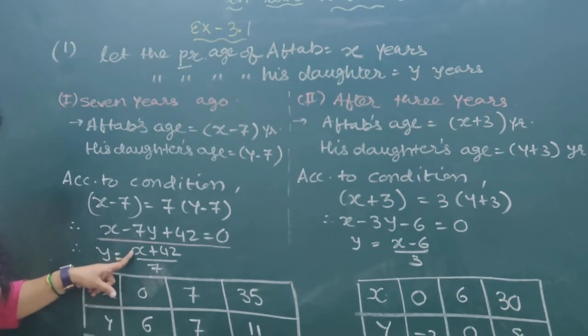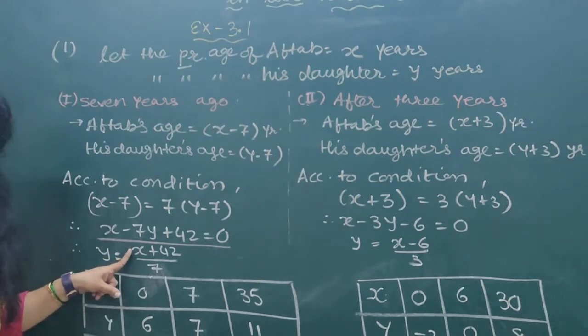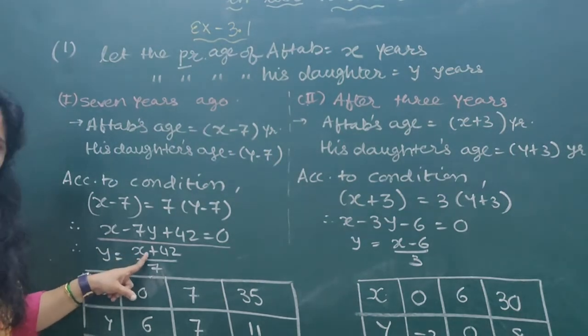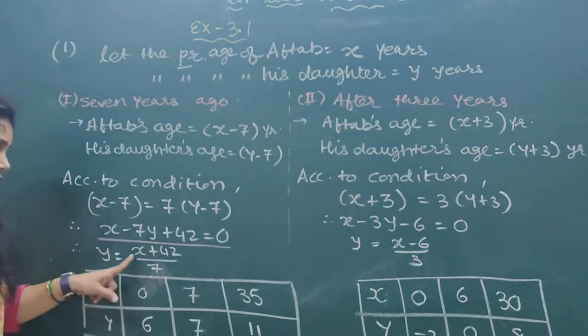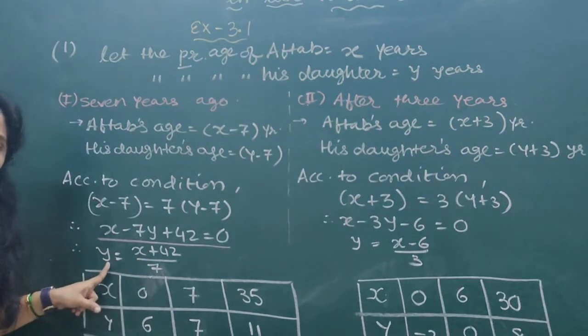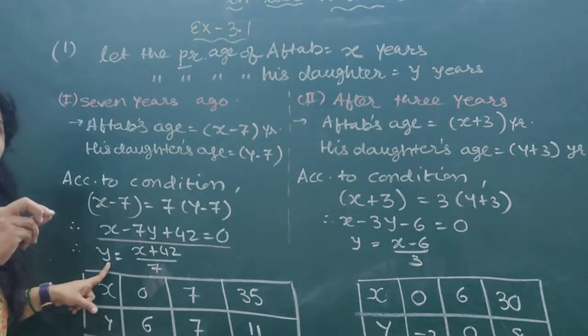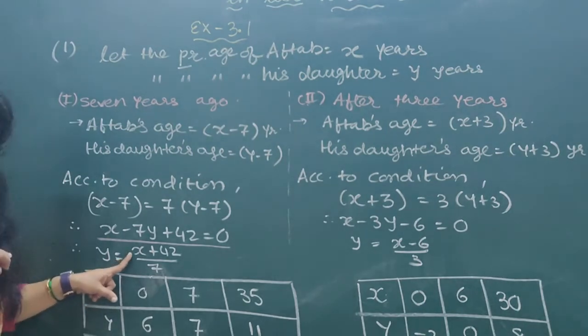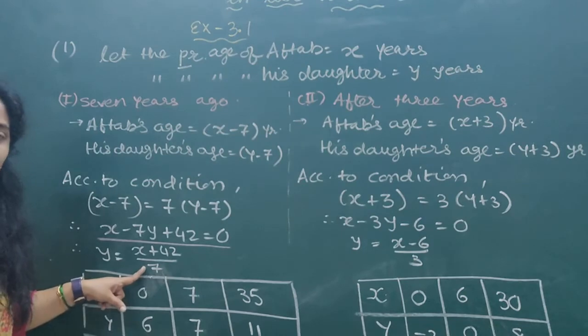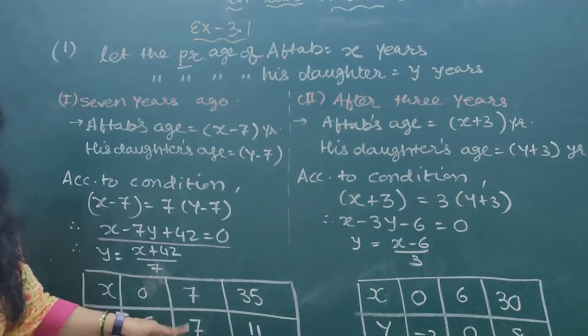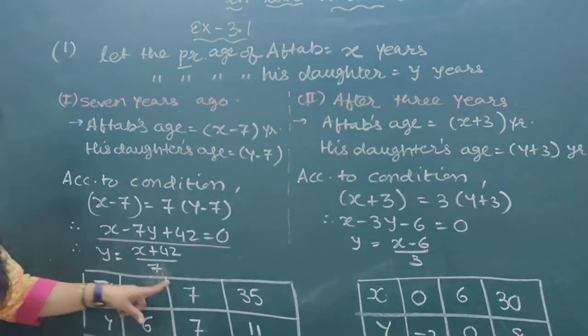Now if I put 1, 42 plus 1 is 43, 43 by 7. It is very difficult to plot 43 by 7 on a graph. So it is advisable to take such a value that it is easily divisible and you will get a whole number in your table. So I have taken here 7.